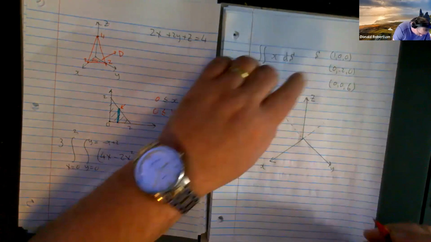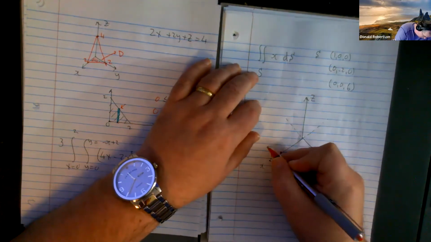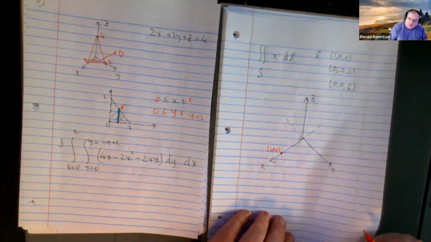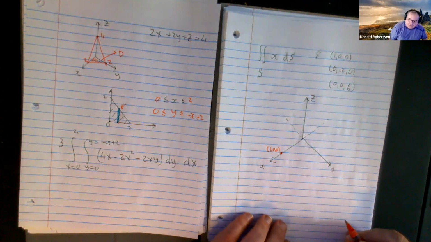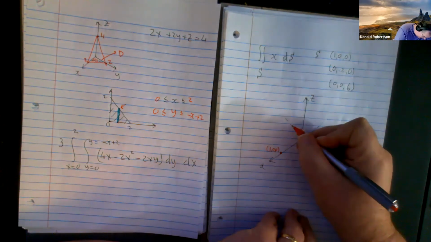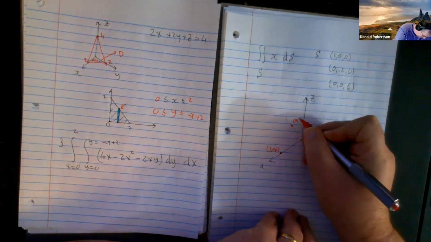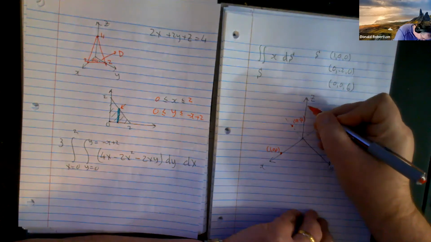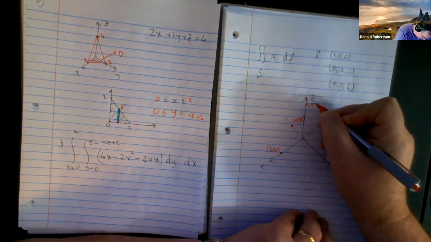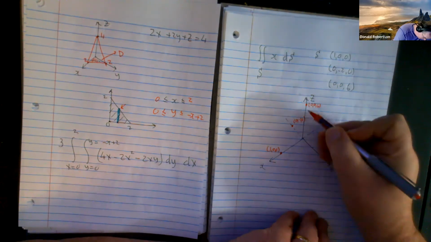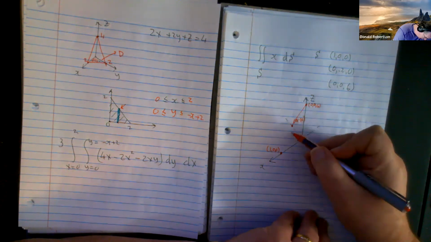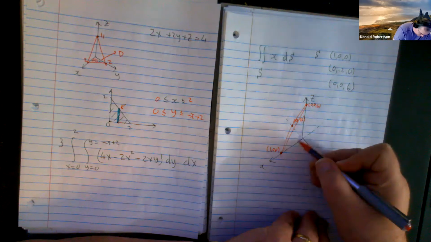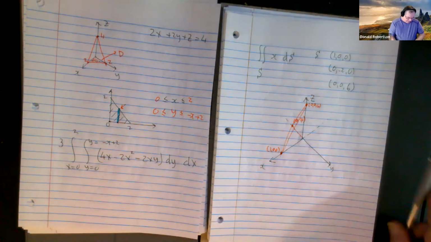So 1, 0, 0 would be here. Great. 0, negative 2 would be here. And 0, 0, 6 would be up here. So the region that they're talking about is that region there.